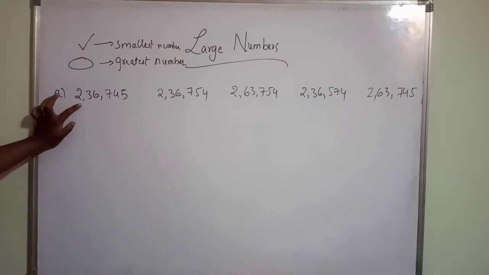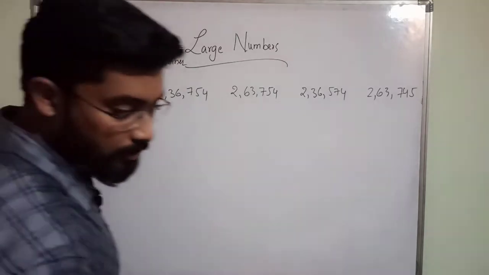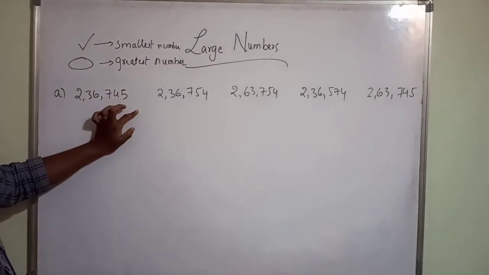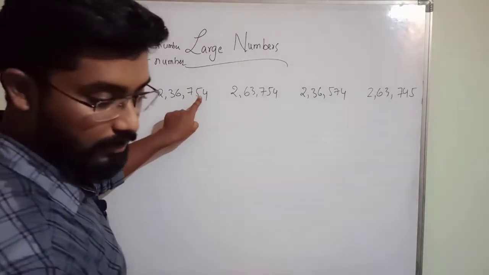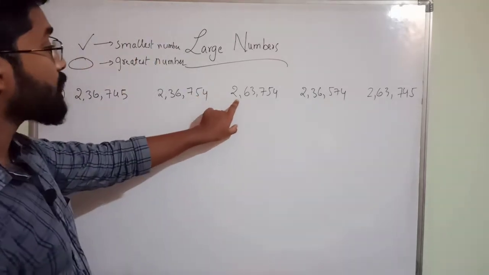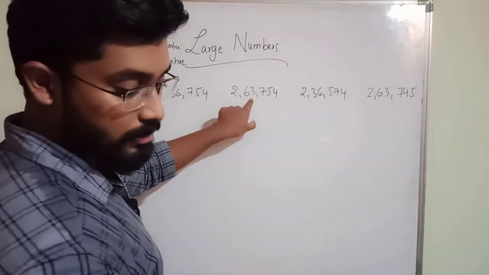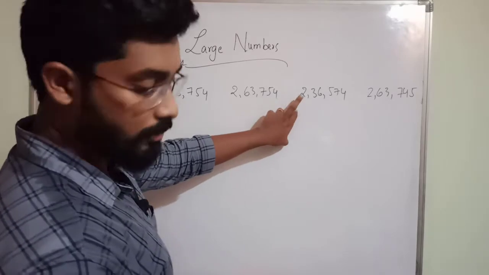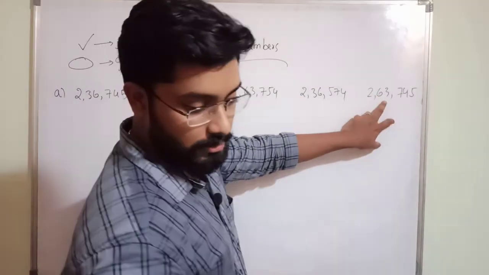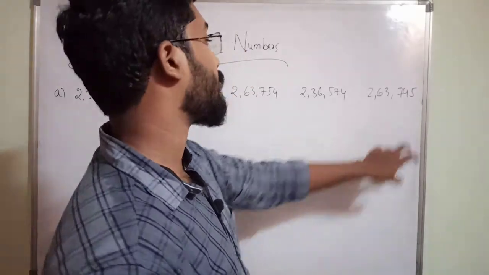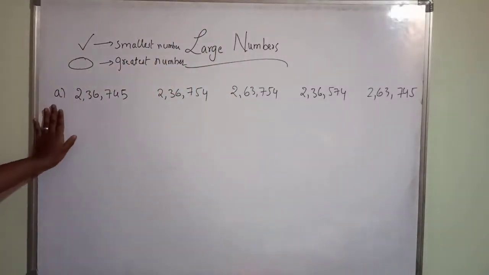First one is 2,36,745. Next one is 2,36,754. Clear? 2,63,754, 2,36,574, and last one is 2,63,745. Among these, what you have to do now?